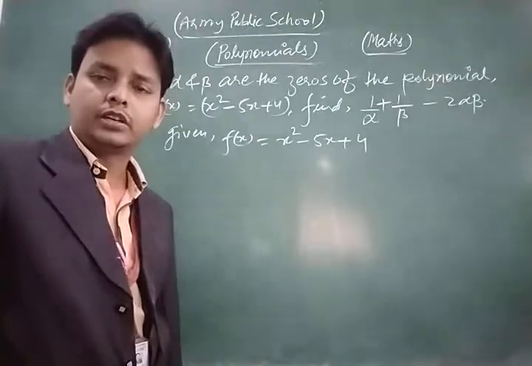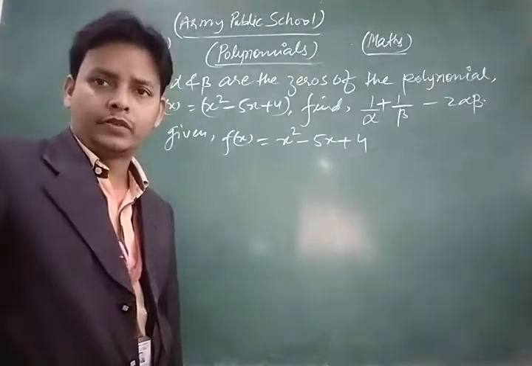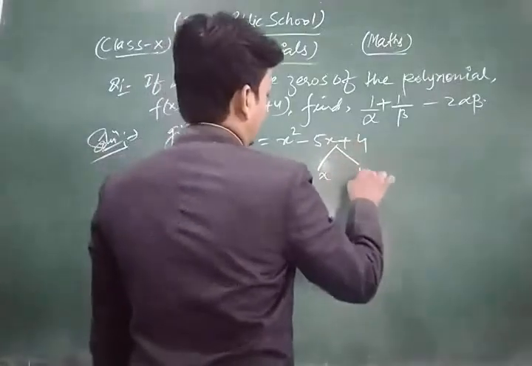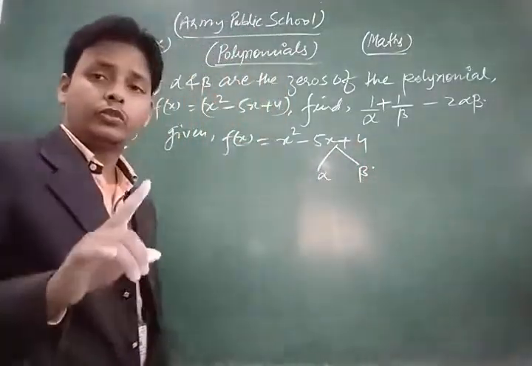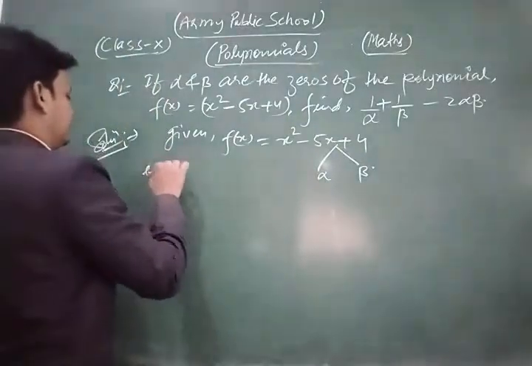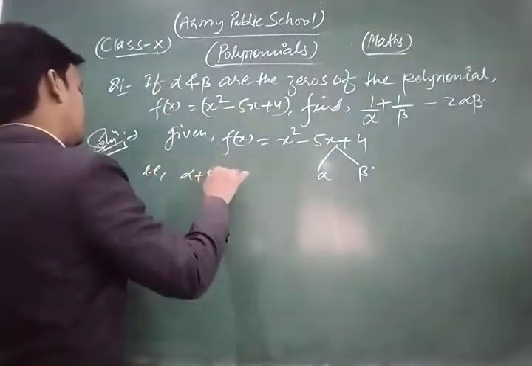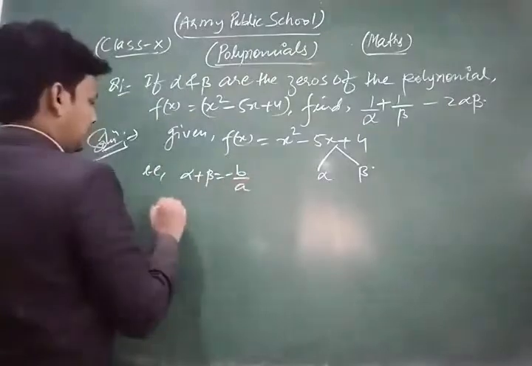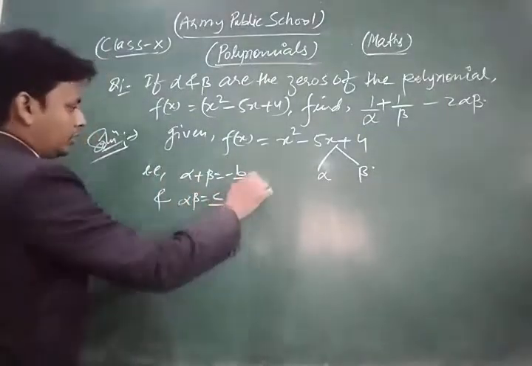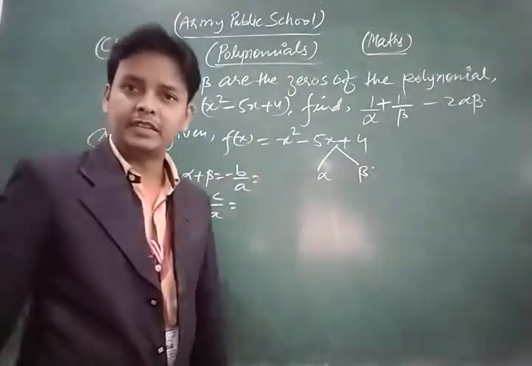Dear students, its zeros are alpha and beta. Then first of all we find the sum of zeros and product of zeros. That is, sum of zeros is minus b by a, and product of zeros is c by a. So first of all we find the value of a, b and c.